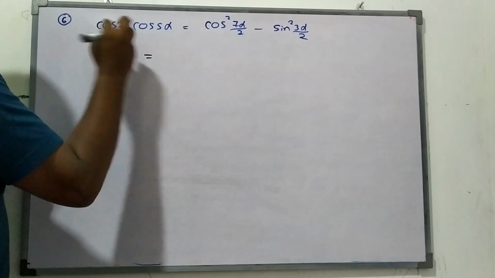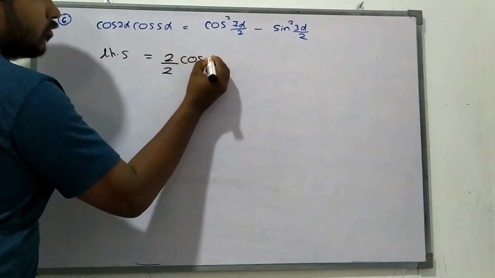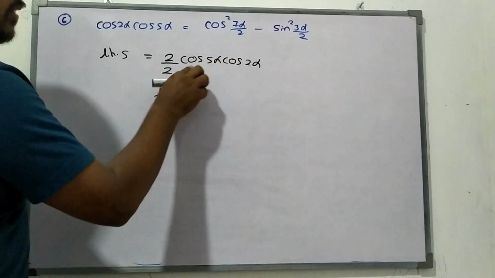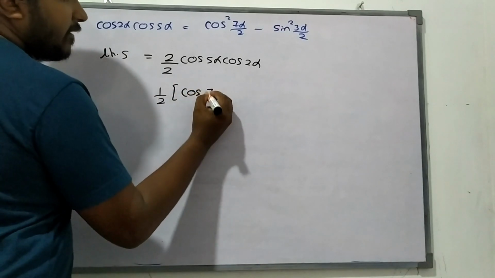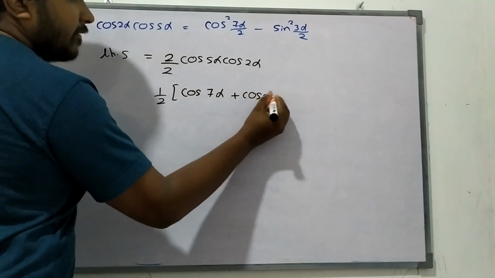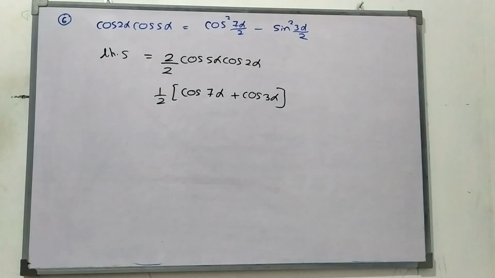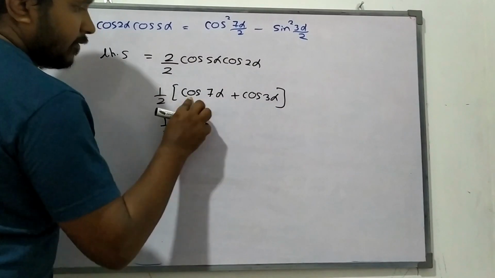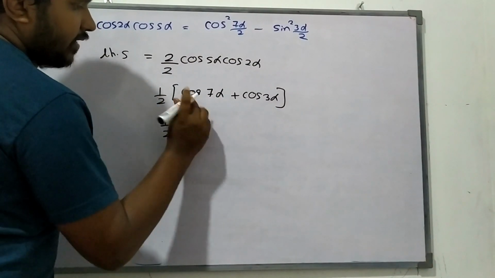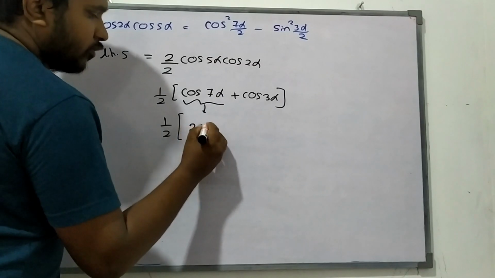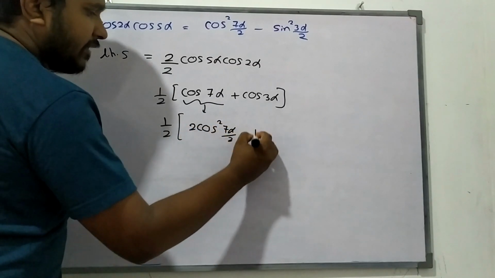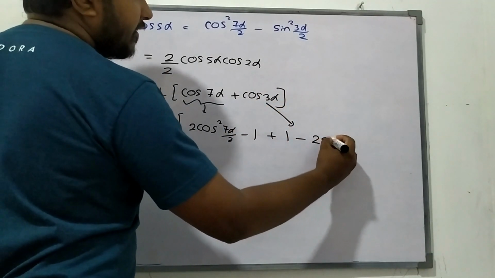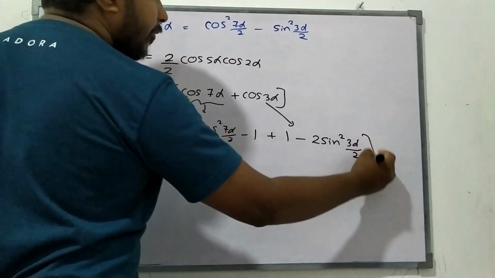So this is basically 2 divided by 2 cos 5 alpha cos 2 alpha, right? So half, then this is cos 7 alpha plus cos 3 alpha, no? And basically we need cos squared 7 alpha by 2, no? Then we can write this with the double angle, right? 2 cos squared 7 alpha by 2 minus 1 plus this one can be 1 minus 2 sin squared 3 alpha by 2, right?